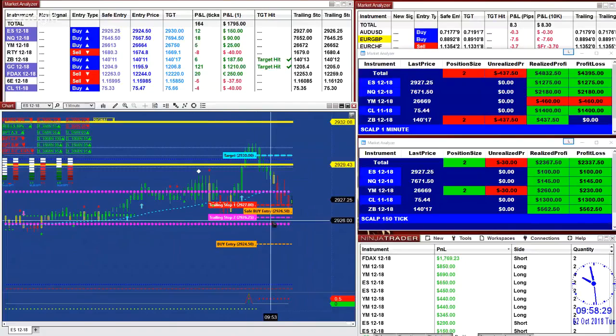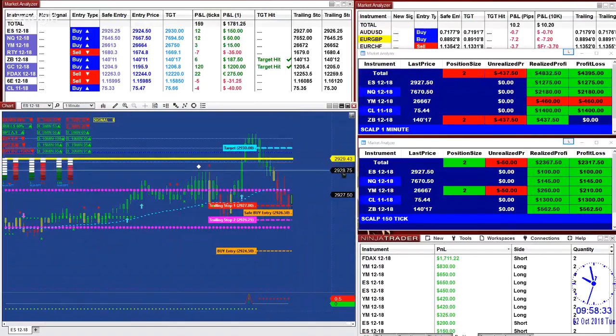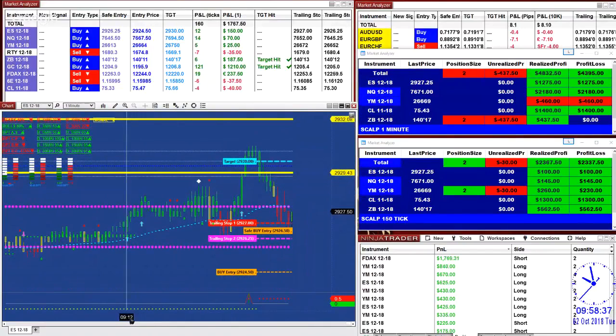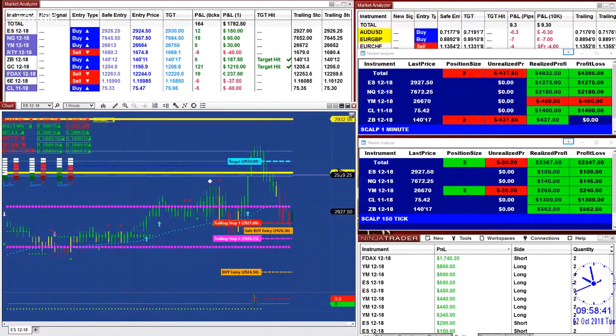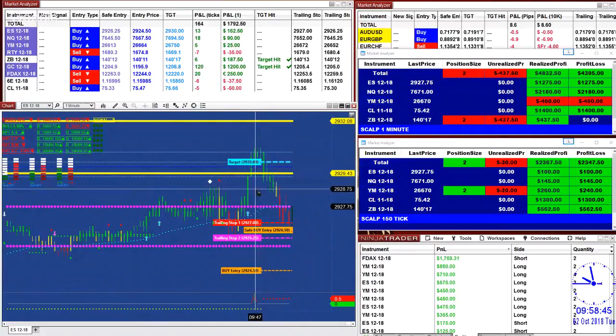Look at this, folks. You see how the ES came into those lines? Those are a pullback re-entry, exactly to the tick. Beautiful. There we go. Very simple.